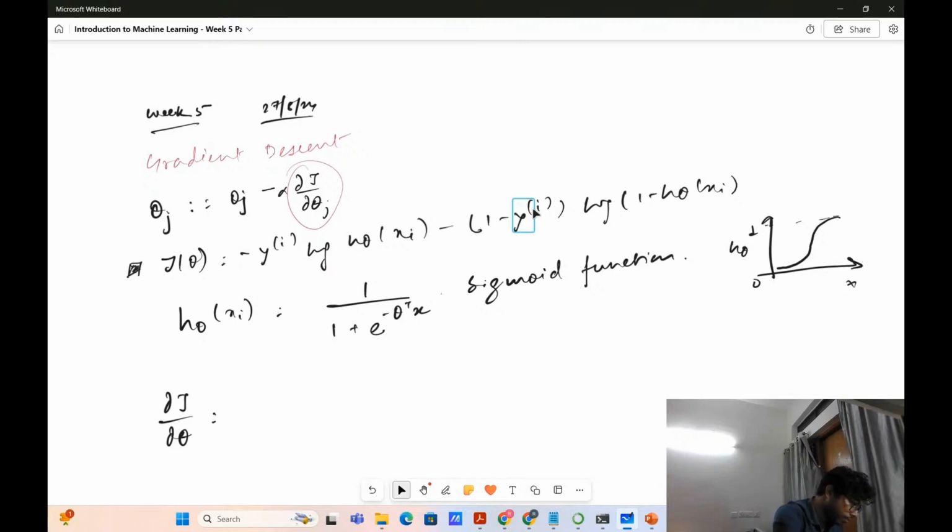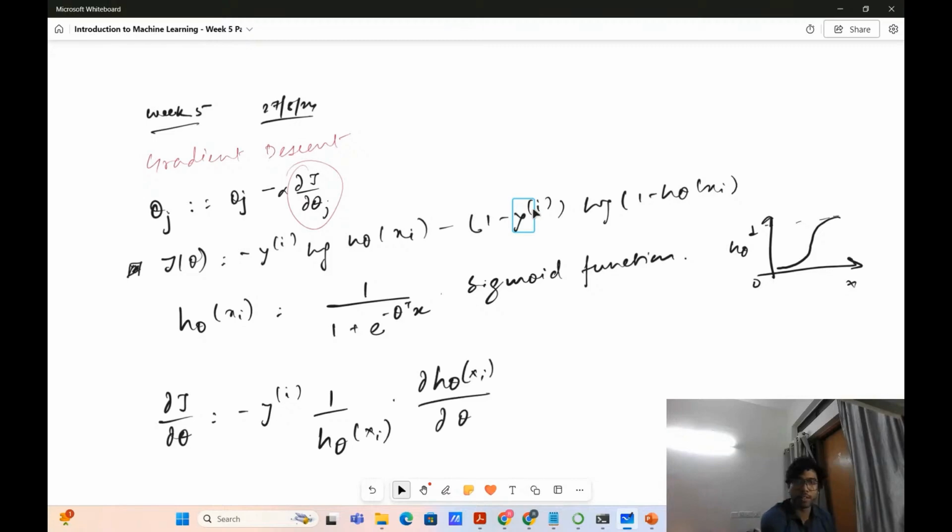It is minus yi, and the derivative of log is 1 by x, so 1 over h theta xi times the derivative of h theta with respect to theta. This is just the chain rule. I think everybody understands this, or do you need any clarification? Let me know. I'm just applying the chain rule here.